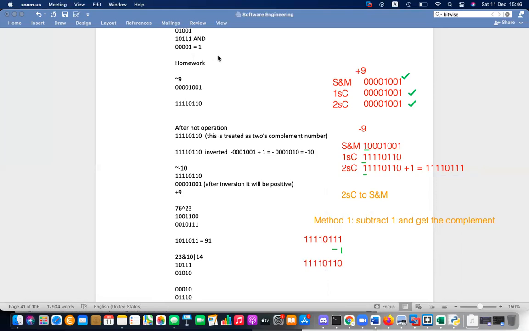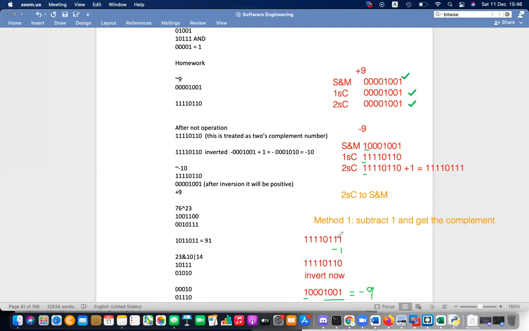After that, take the complement, invert. After inverting, you'll get 1 0 0 0 1 0 0 1. The first bit indicates the sign, and the sign is not inverted. It is saying minus. So this is 9, and this is equal to minus 9. So we have taken the number back.